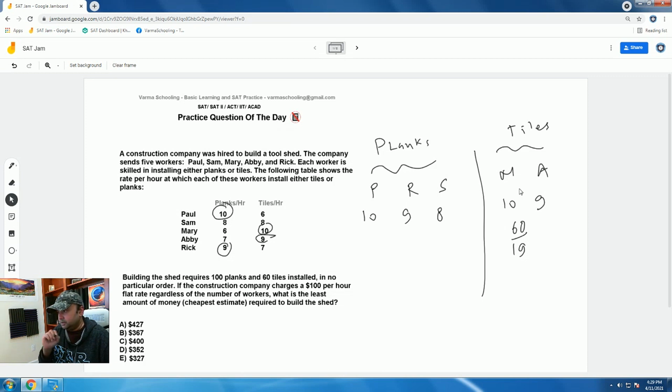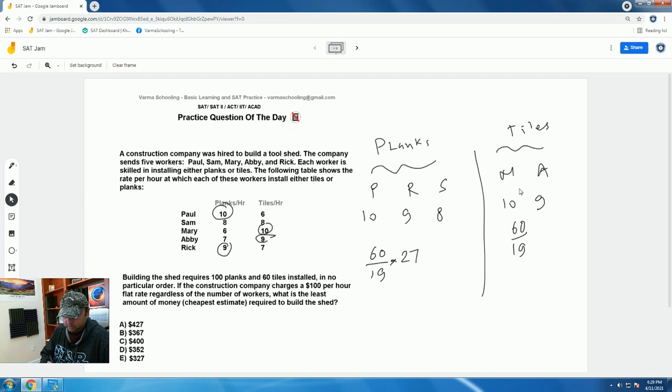In that time, how many planks will be installed while Mary and Abby are working in parallel? So during that time, I have a going rate of 27, 9 plus 8 plus 10, that is 27 planks per hour. So if I multiply this by 60 divided by 19, that's how many planks are being installed at the same time tiles are being installed.